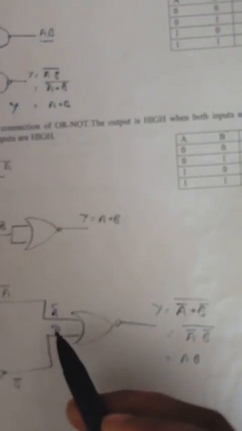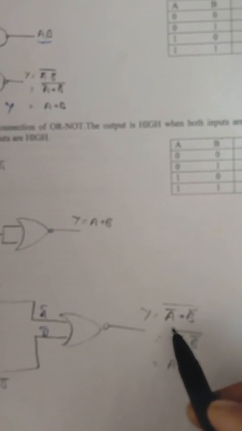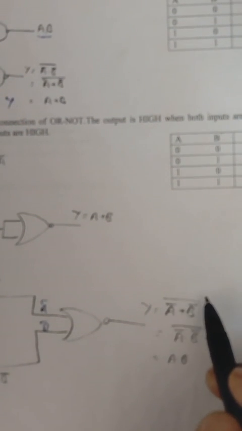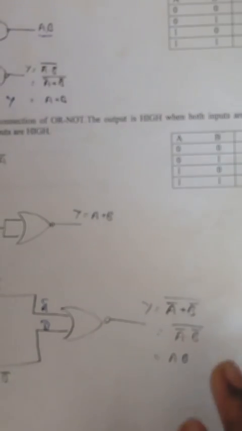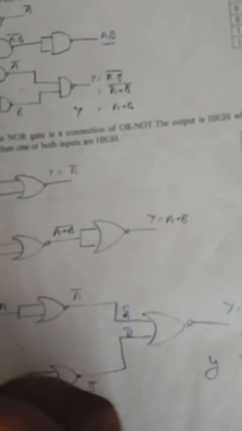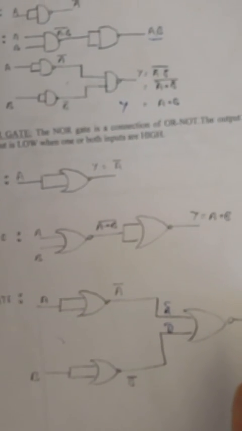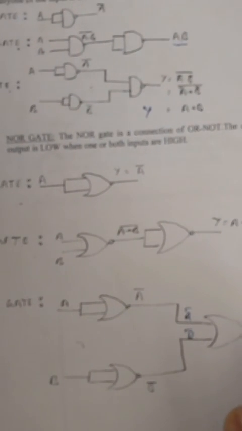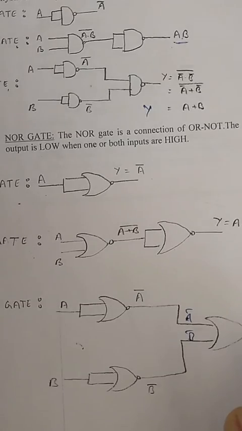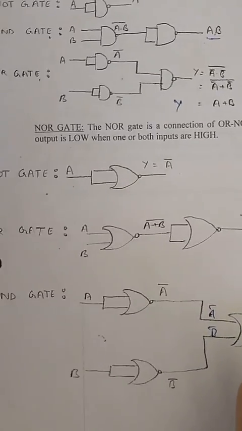Applying A bar and B bar here, it will become (A bar plus B bar) whole bar, which cancels and becomes A dot B. Now you can see the expression Y equal to A dot B, meaning the AND gate. In this circuit, this will become the AND gate.